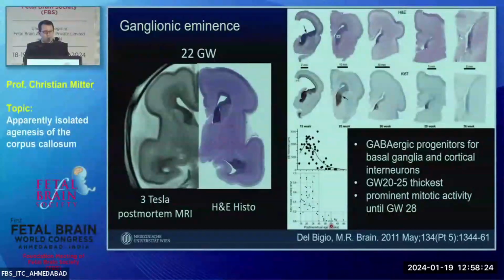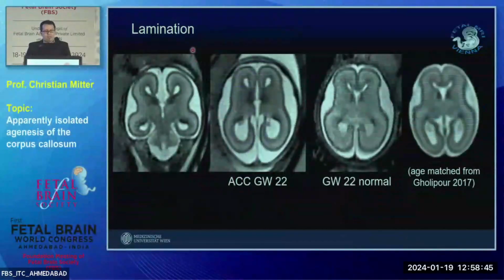For example, a very important part of lamination is the germinal matrix, the ventricular zone, and the ganglionic eminence. Here, the proliferation of interneurons takes place, especially in the ganglionic eminence, which then tangentially migrate into the cortex. We look here at this fetus with agenesis of the corpus callosum, and you look here at the ganglionic eminence, you notice that it is much more prominent and thicker than in a normal fetus, or here in the standardized brain atlas.